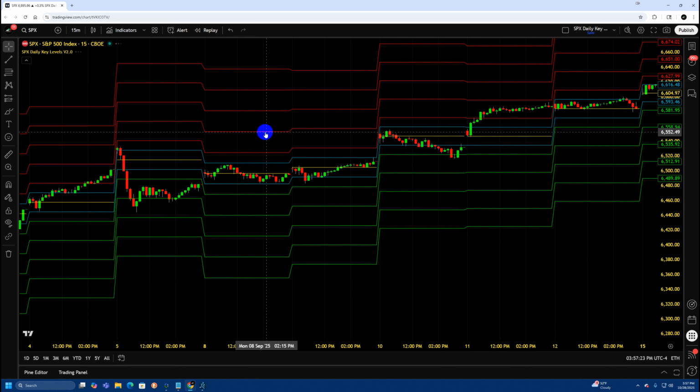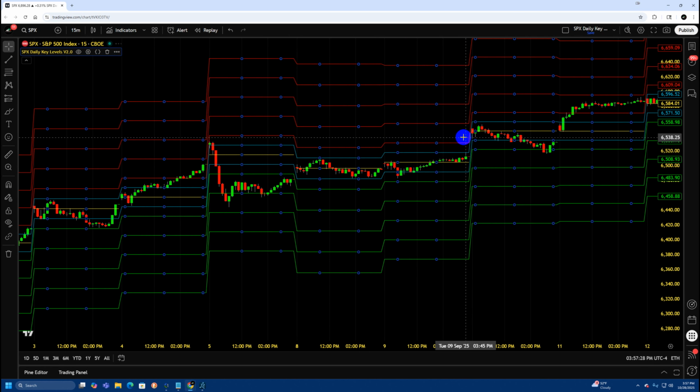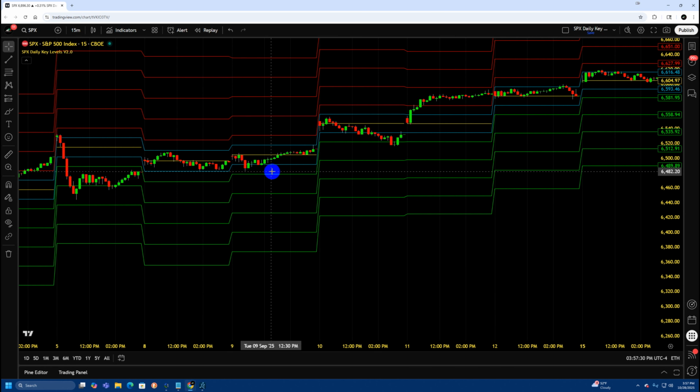You can get a general idea of, okay, it looks like for every amount of sessions we have, the range is normally this amount between the blue lines.